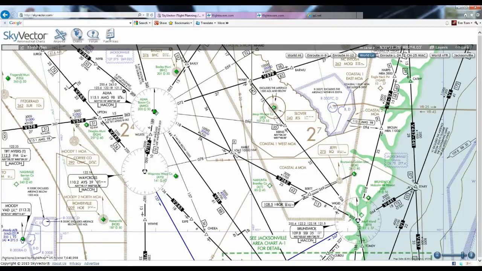So when you see this mark here, you see the airway stop short with this little barb that cuts it off, you know the minimum en route altitude is changing. So if we are flying from Brunswick to Alma on this airway, at some point prior to Havel, we need to climb up to 10,000 feet. And it even says it right here, Havel, Victor 362, 10,000 northwest bound. So if we're northwest bound on Victor 362, we need to cross Havel at or above 10,000 feet.